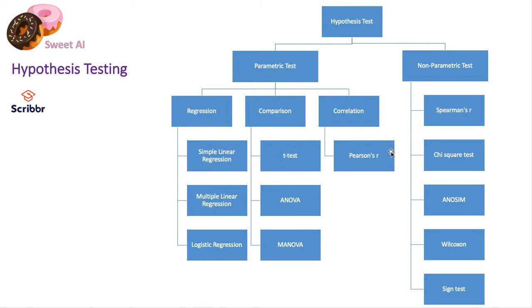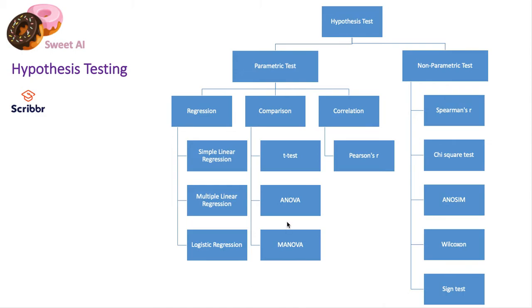And for correlation, we have Pearson R, which we have talked about before. In the next slides, we are going to talk about the t-test and Anova test. And for non-parametric tests, we have Spearman, chi-square, Wilcoxon, sign test, and many more.